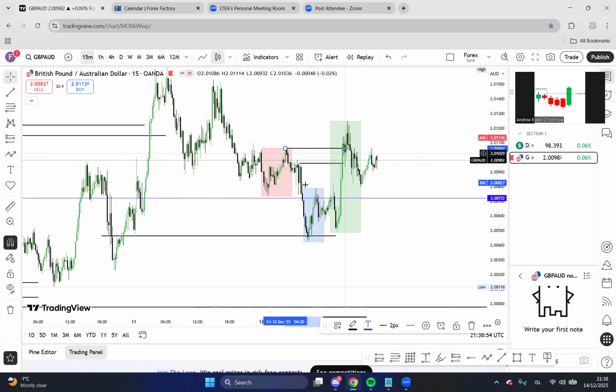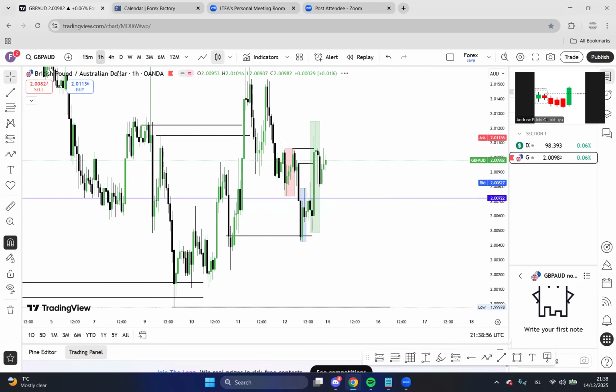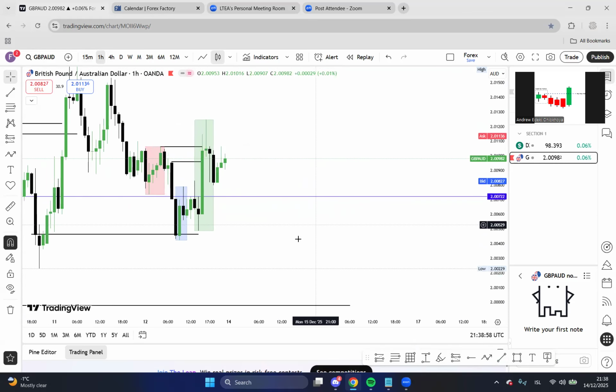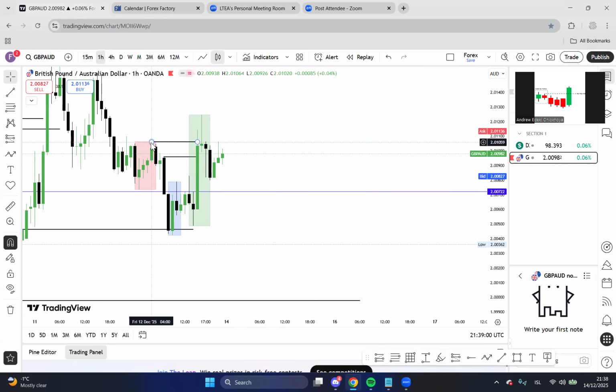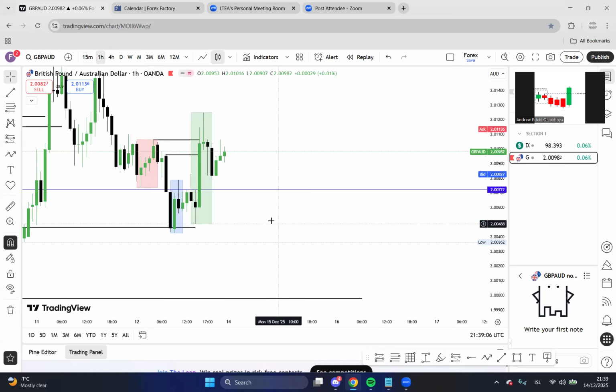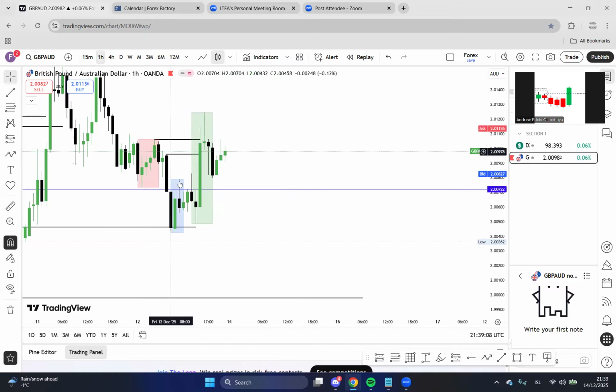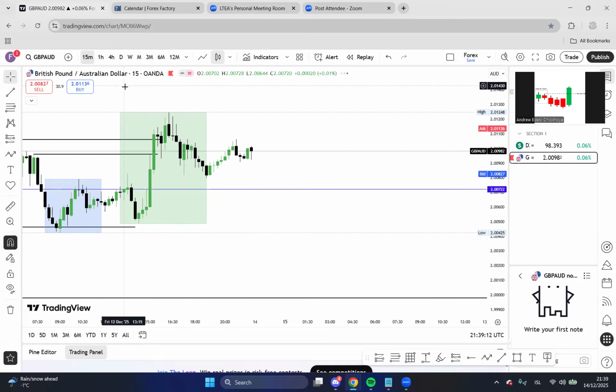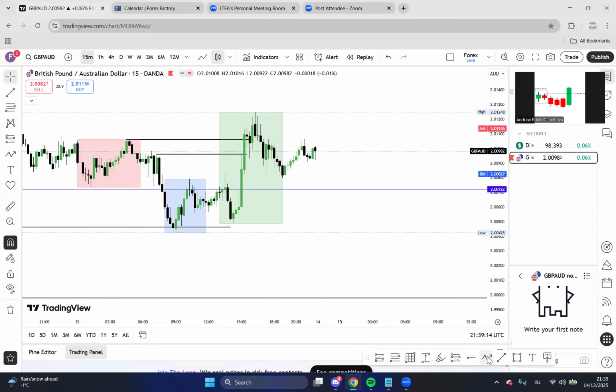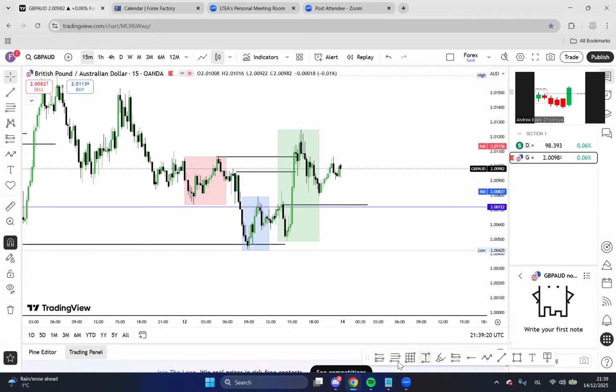I know in this 1 hour, if you want to use here, here was broken, but this high right here wasn't broken. But this is where price confirms the shift. So, just to be safe, you need price to come around this level for you to take the buy like this.